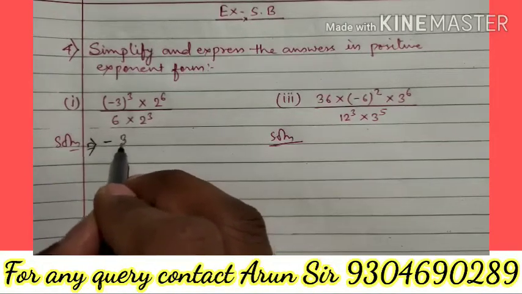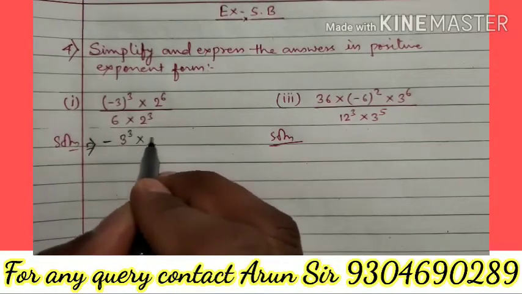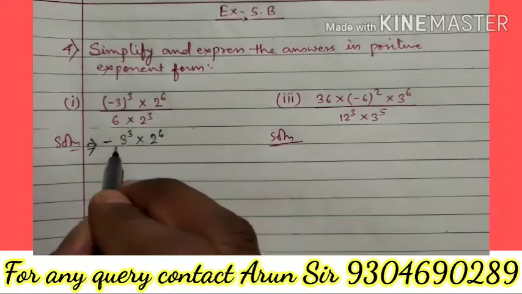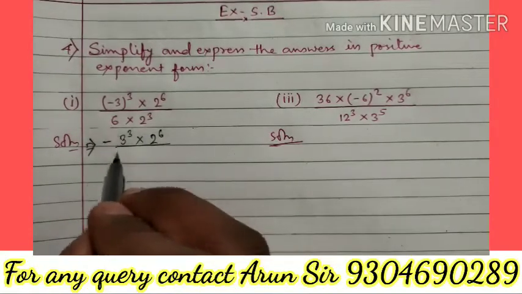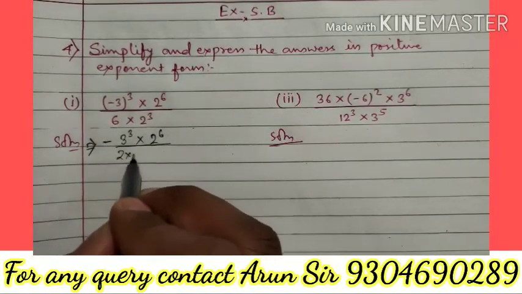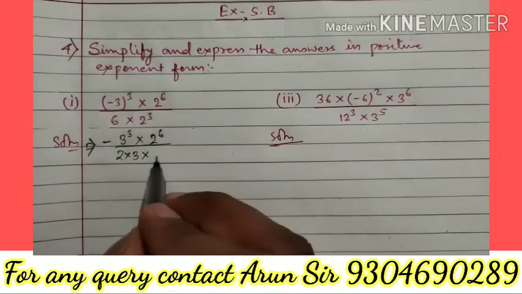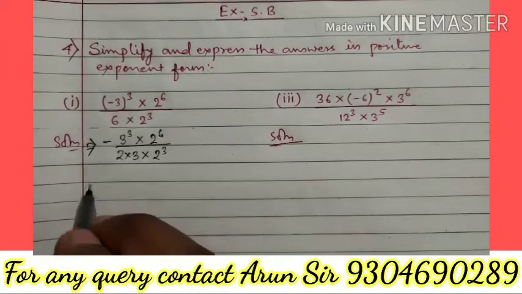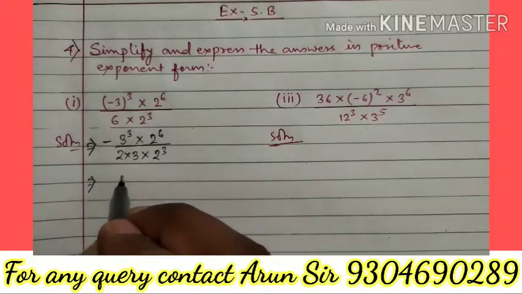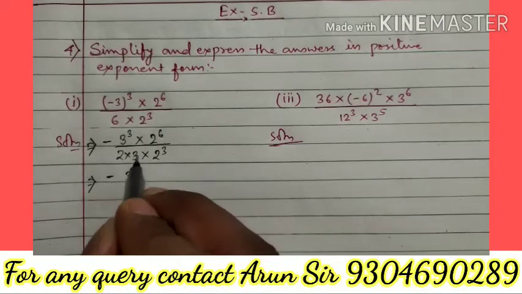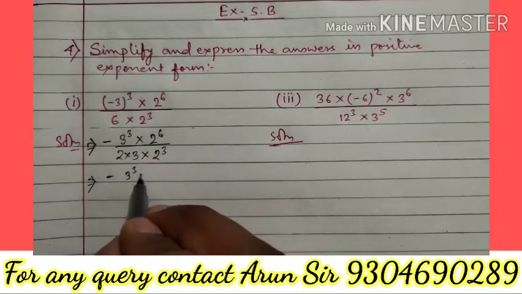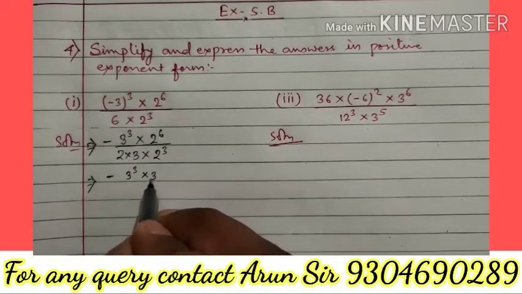Here we can write 3 to the power 3 into 2 to the power 6 upon, here this 6 we can write as 2 into 3 to make the power, into 2 to the power 3. In the next step, this minus will be separated. 3 to the power 3, this 3 has the same base and is in division form, so it becomes 3 to the power minus 1.